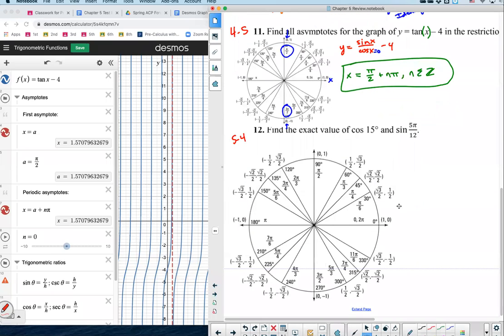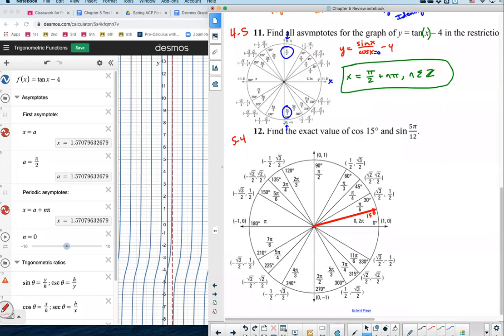However, I could tell you this. 15 degrees is between 0 and 30. That's where 15 degrees would be. And 5 pi over 12, that's almost 1/2 pi.